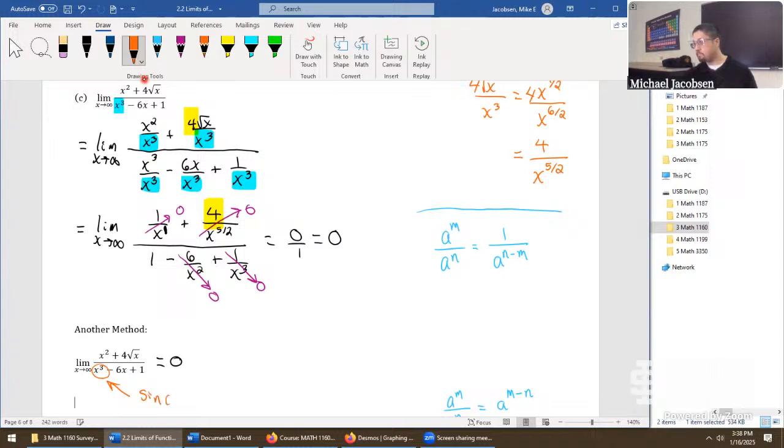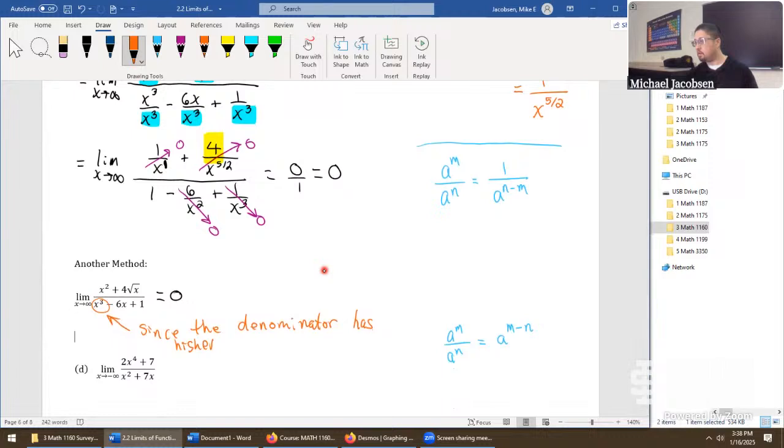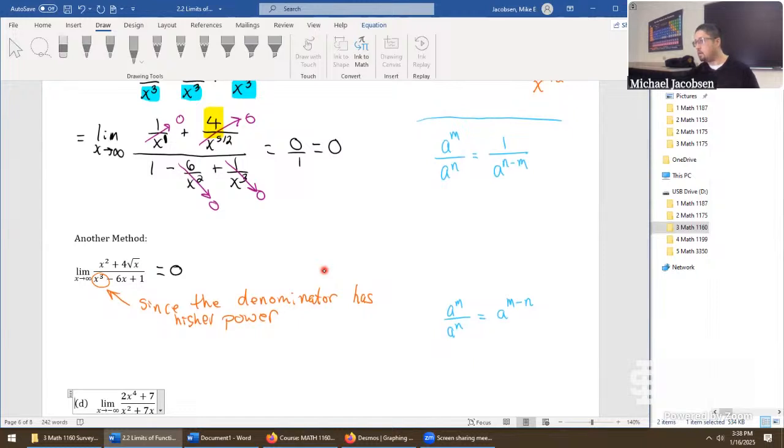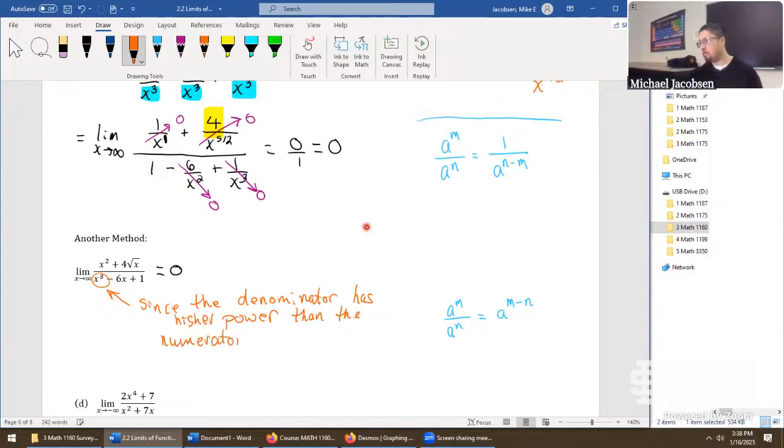Since the denominator has higher power than the numerator, we now know that y equals 0 is the horizontal asymptote.